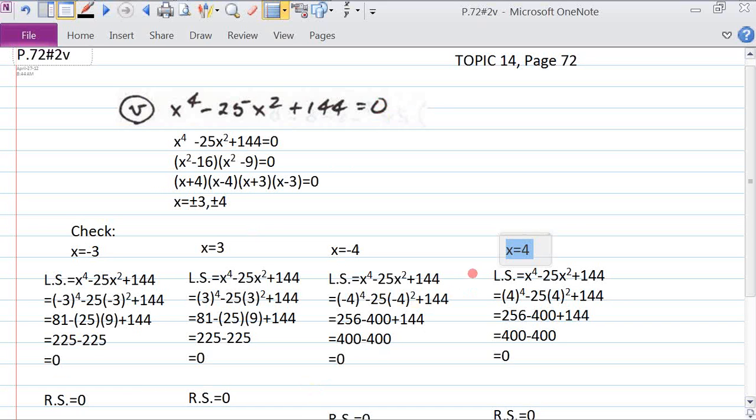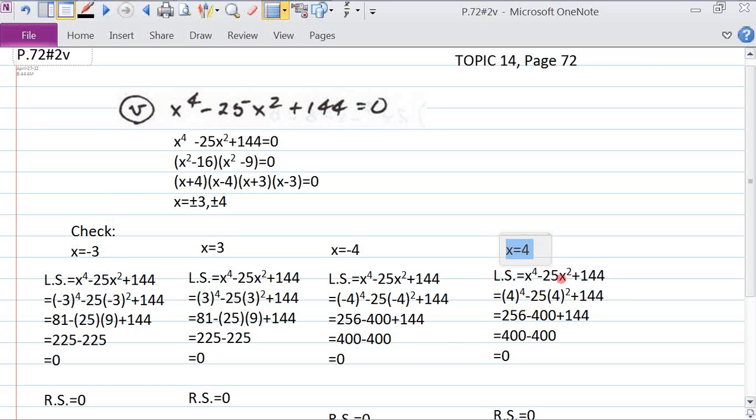Let's try x equals 4, another possible solution. Again, x to the 4th minus 25x squared plus 144 is the original equation. 4 to the 4th means you multiply 4 times 4 times 4 times 4, and that gives you 256.